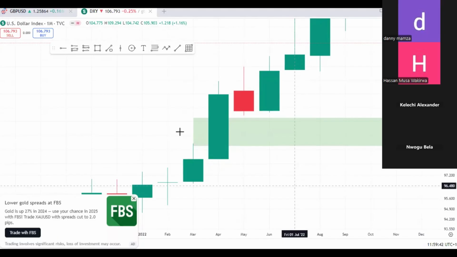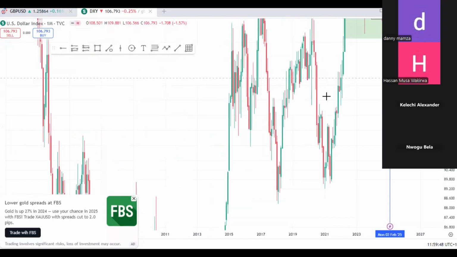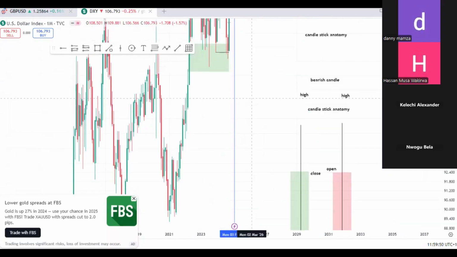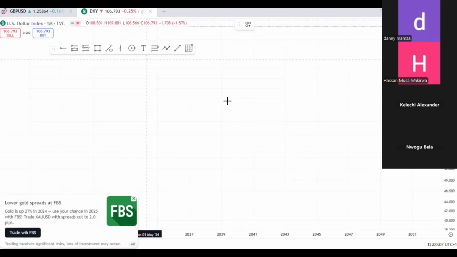So the next thing we are going to be looking at is market structure. Market structure is how the market moves.